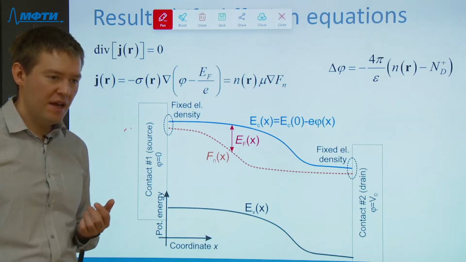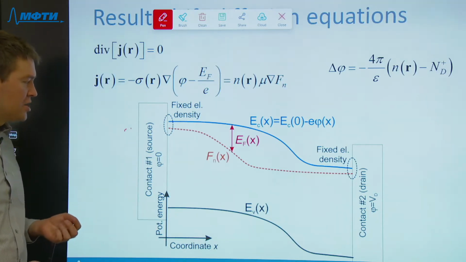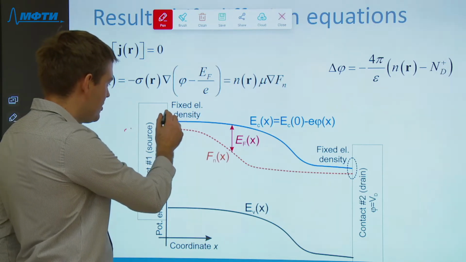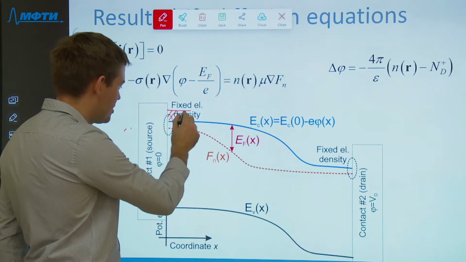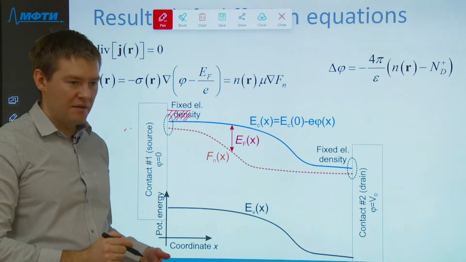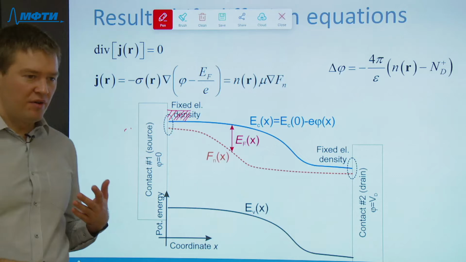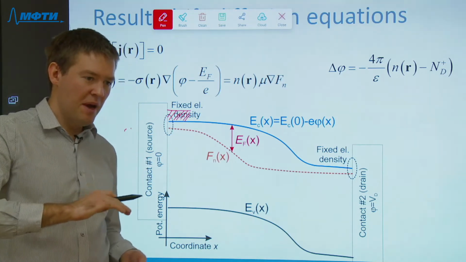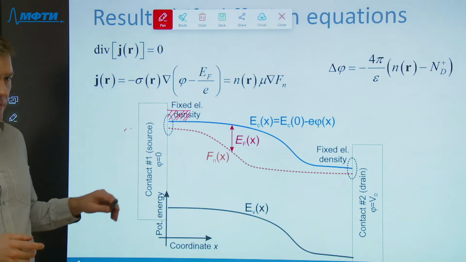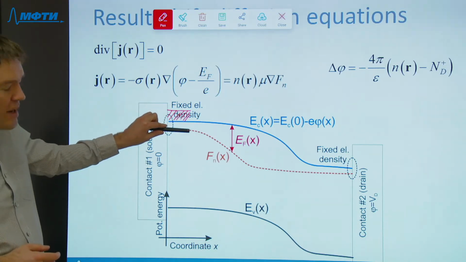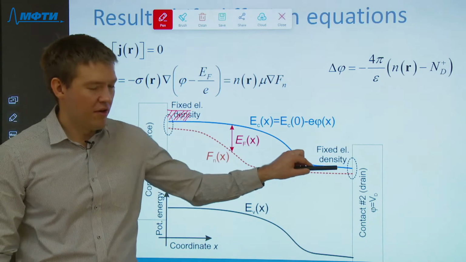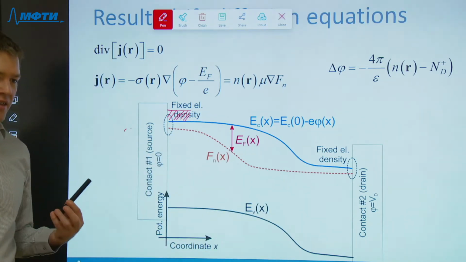The local Fermi energy shows how many electrons we have here in the sample. If the Quasi-Fermi level is above the conduction band bottom, then this situation corresponds to the metal. In metal, the Fermi level is above the band bottom. And in semiconductors, very often, the Fermi level is in the band gap. So the lower the Fermi level, the less the carrier density.